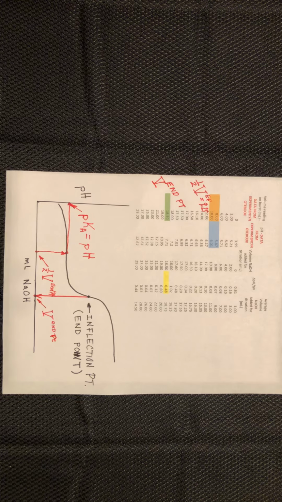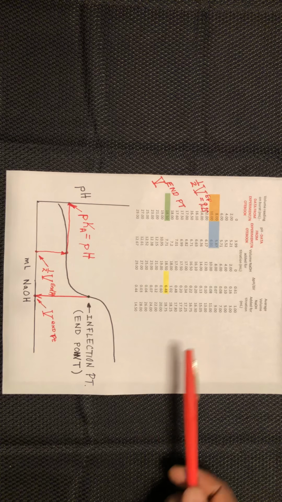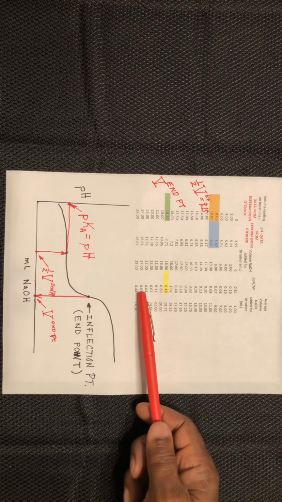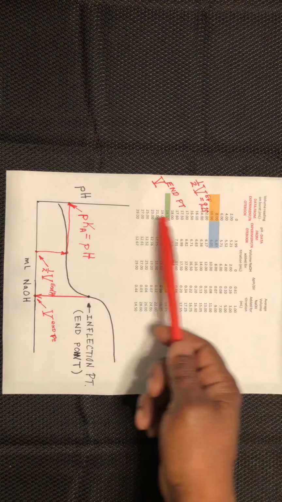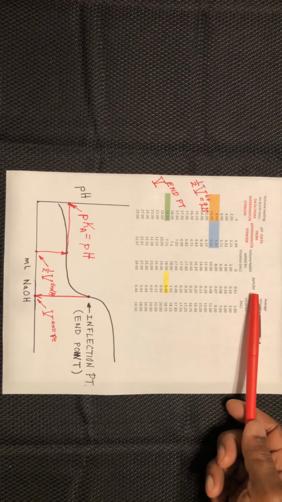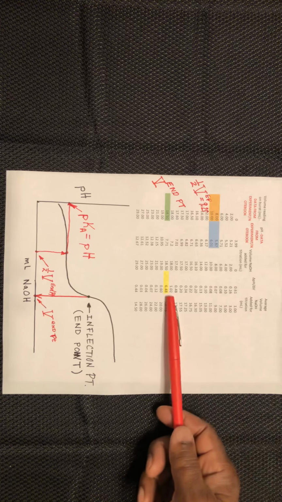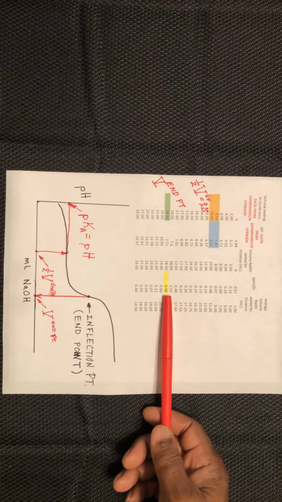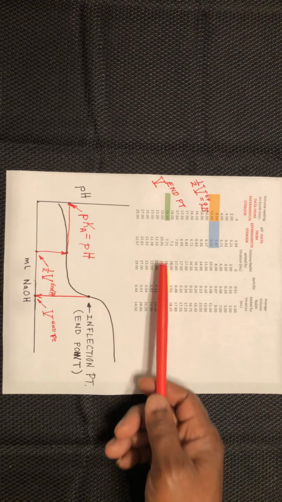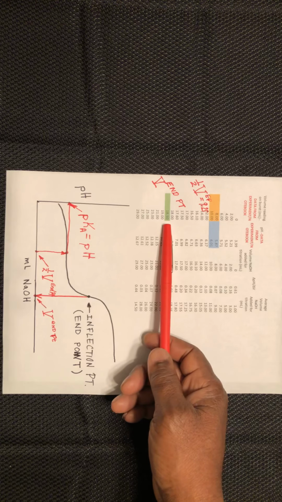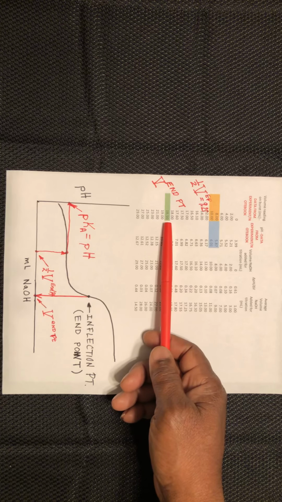So the data that you have been sent includes the first derivative, the pH, and the volume. You want to, again, find the maximum on your first derivative column, go over to the volume column, and that will be your volume at the end point.